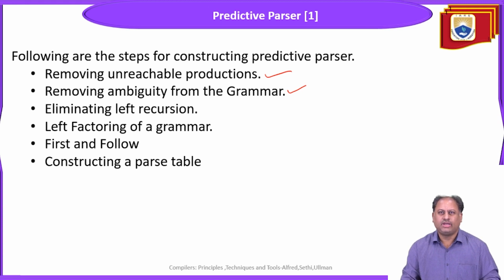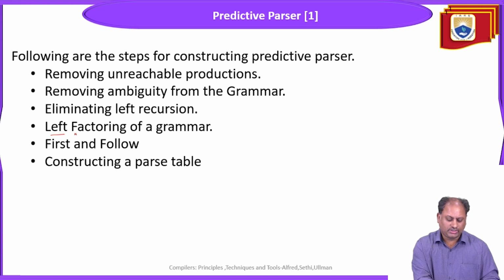We know ambiguity and unreachability from the previous sessions, and any possibility of left recursion can also be verified and eliminated from the grammar, so that we can proceed to the next step, left factoring, first and follow, and then we construct the parse table.